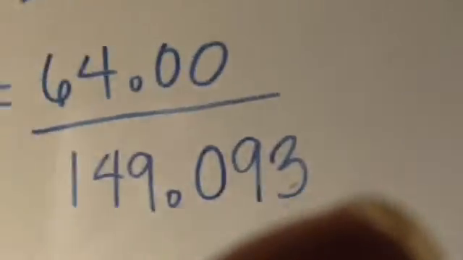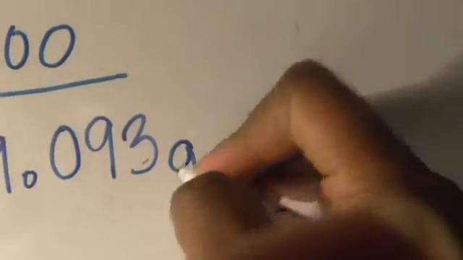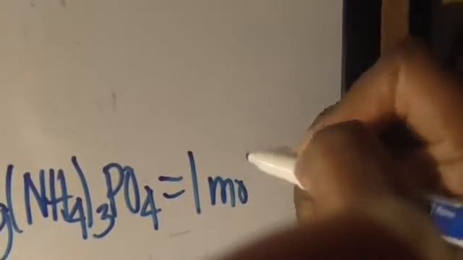So we have blank grams of X, which is this NH4 parentheses 3 PO4, is equal to 1 mole of, and of course I'm running out of room again, so I'll do it a little bit further down, NH4 3 PO4.